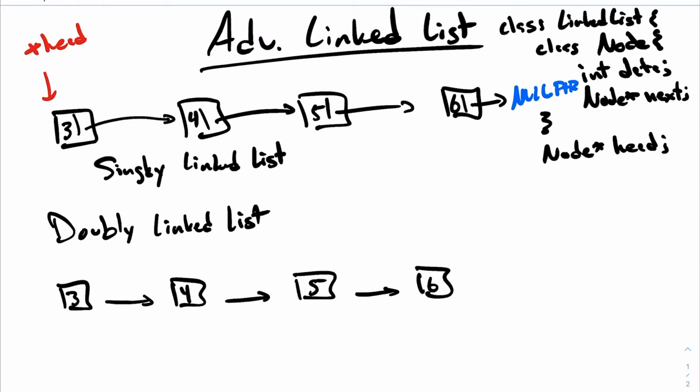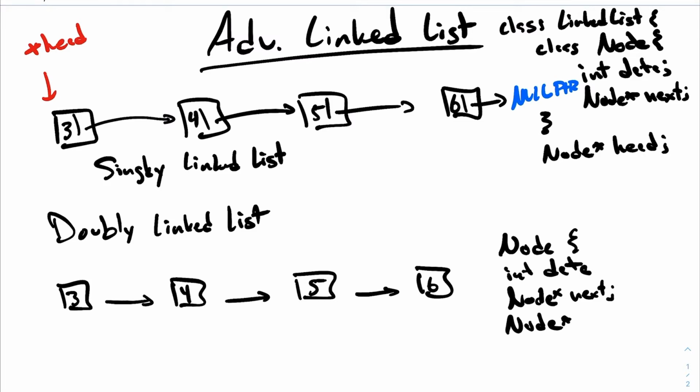And the node class in this case would look something like this, where it has the data inside of it, and then it has two pointers, a node pointer for the next, and then a node pointer to the previous, right? And it looks like this. This is a doubly linked list. And this is pretty slick because it allows you to traverse backwards, right? You can traverse forwards and you can traverse backwards, right?